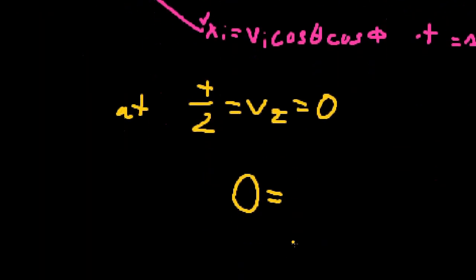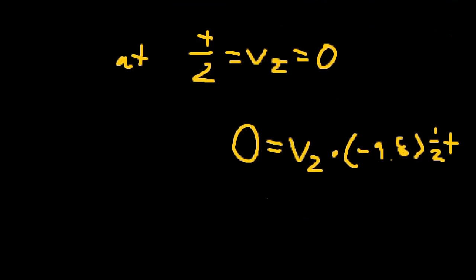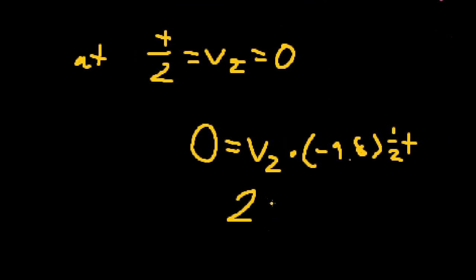We simply set 0 equal to the initial velocity in the z direction plus the acceleration due to gravity, negative 9.8 meters per second squared, times t. Once we solve for t, we multiply it by 2 to find the total time it took for the projectile to hit the ground after it was initially launched.